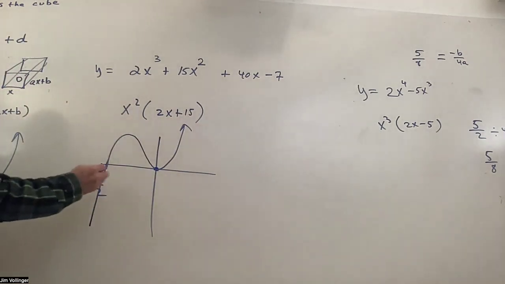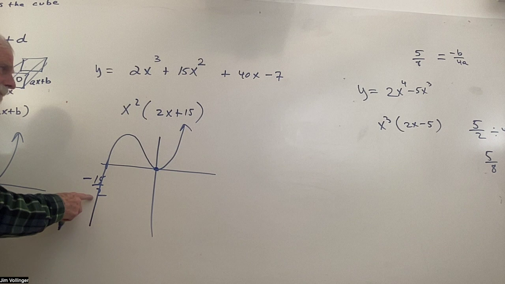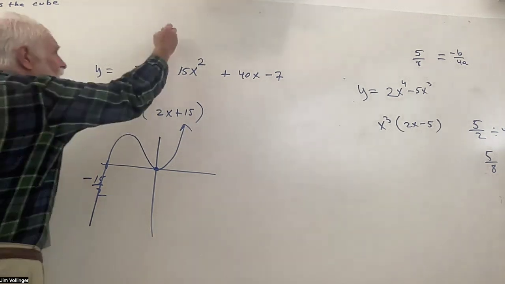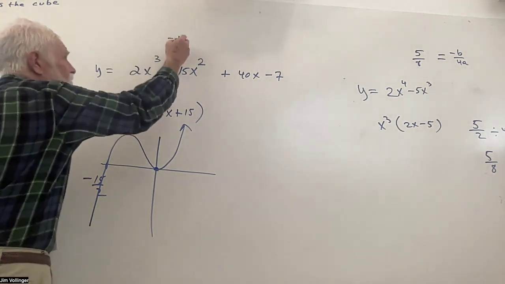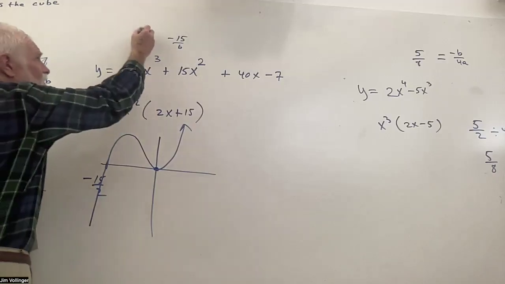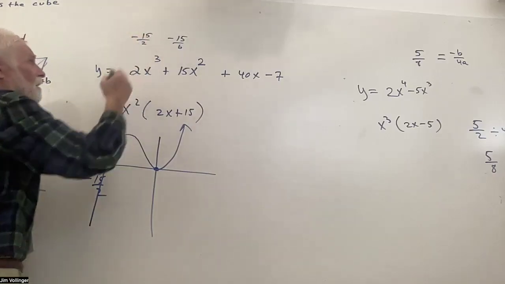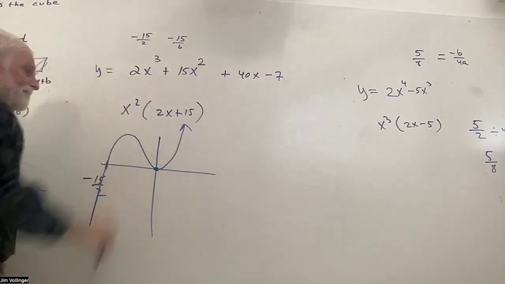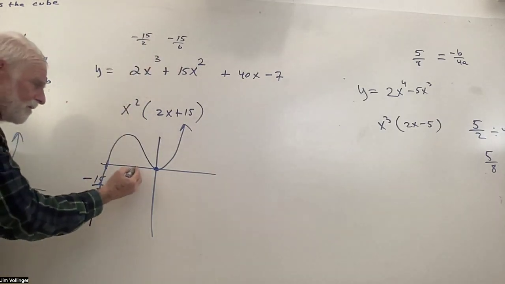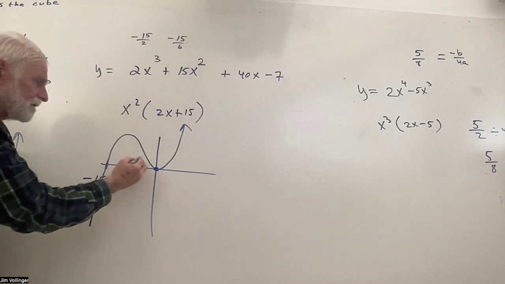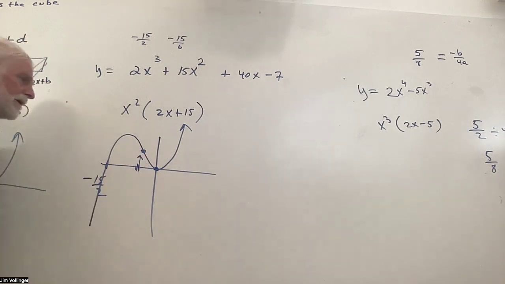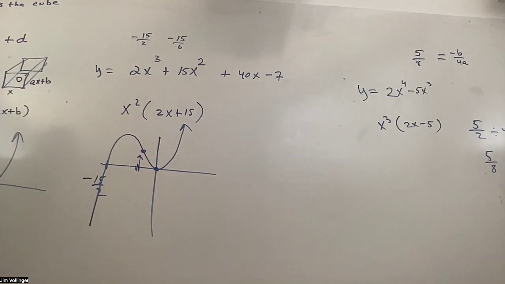Now, that distance is minus 15 halves. Minus 15 over 6. How does that compare to minus 15 over 2? Well, that's a third of that. And a third of that would seem to be about here. And what does it link up with? It links up with the point of inflection of the cubic.